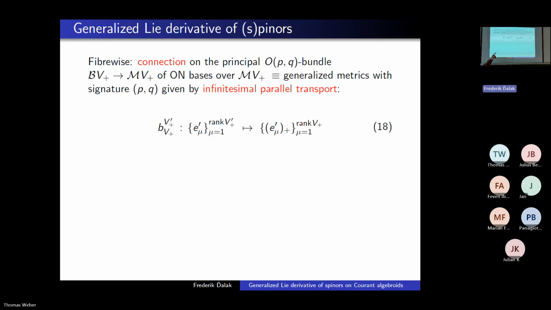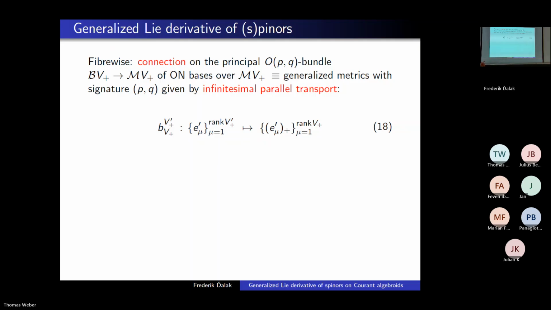And now, if you are looking to construct the infinitesimal parallel transport for your connection, so now if you want to connect two fibers over two different infinitesimally flowed metrics, that is also important here. Being fibers over this V prime plus and V plus. So here you should think about this as being just two infinitesimally shifted choices of the subbundle V plus.